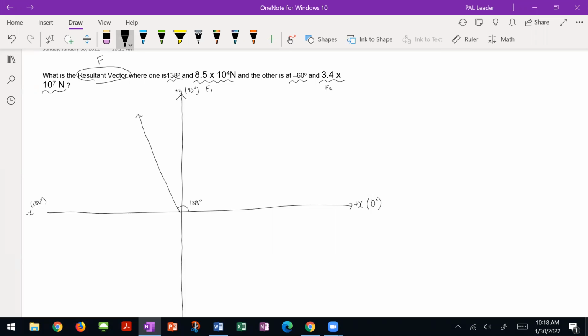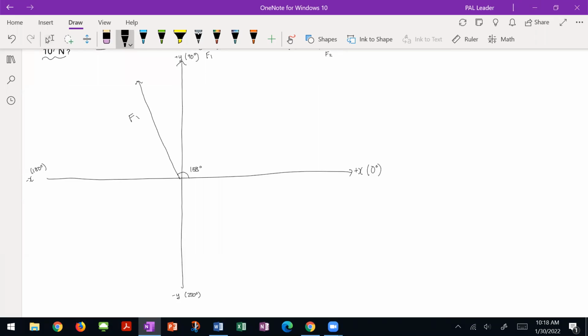So we have F1 going like that. We also have F2 where it's negative 60 degrees. So if our positive x is 0, we're going to go down 60 degrees, which would be something like this. Right here, this would be 60. And we would call this F2.